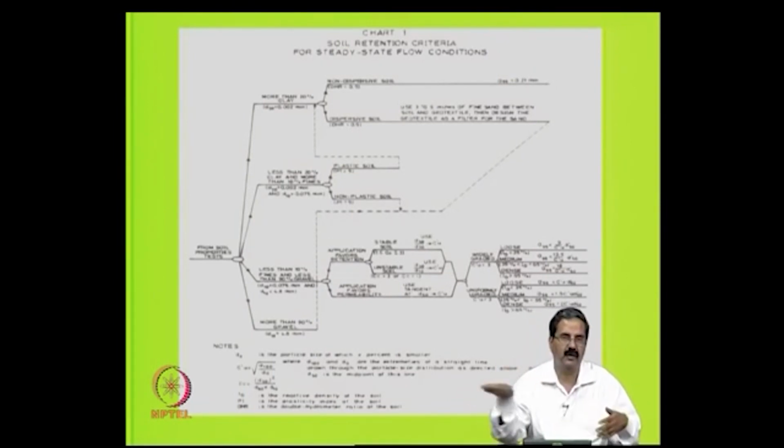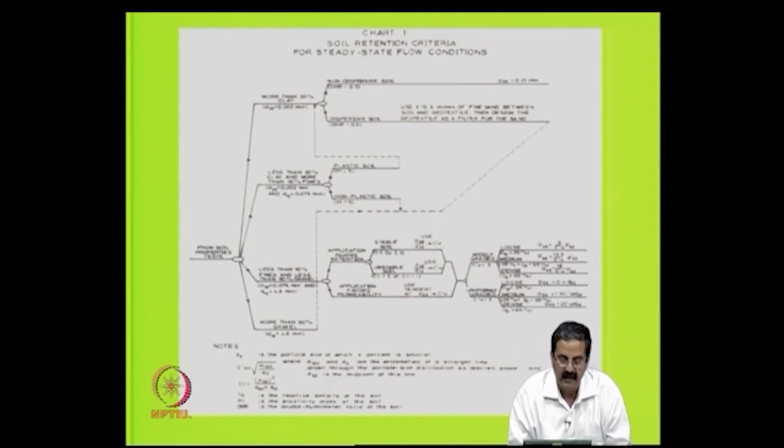You want a nice water body there and a nice slope, but you do not want the slopes collapsing from erosion. So the moment the soil testing results show more than 20% clay, you have to see whether it is dispersive or non-dispersive soil.